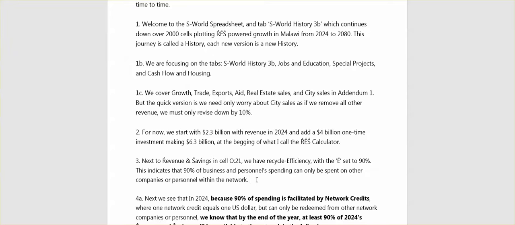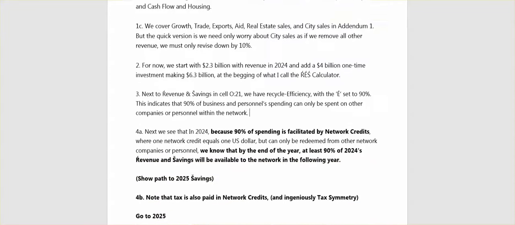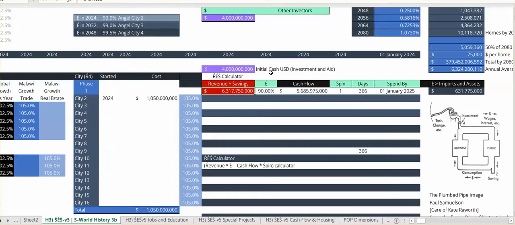Next to revenue and savings in cell O21, we have recycle efficiency with the E set to 90%. This indicates that 90% of business and personnel spending can only be spent on other companies and personnel within the network. That is simply recorded as a 90% to the right of the revenue and savings figure, and we can see that equals 5.6 billion.